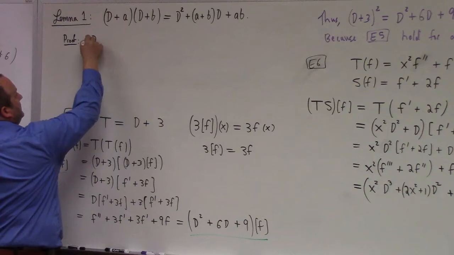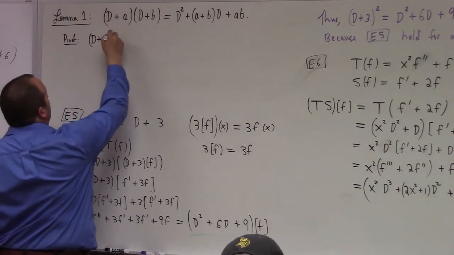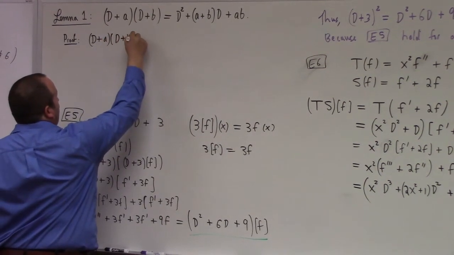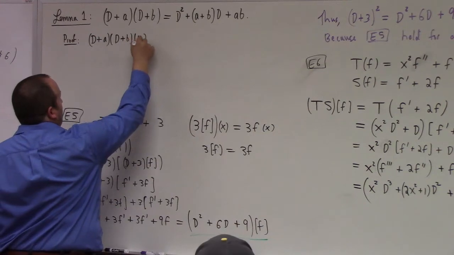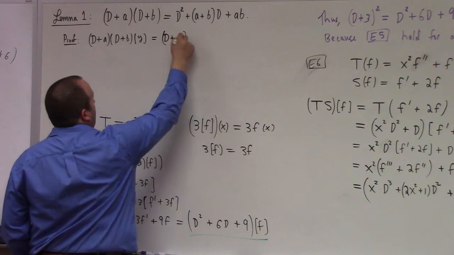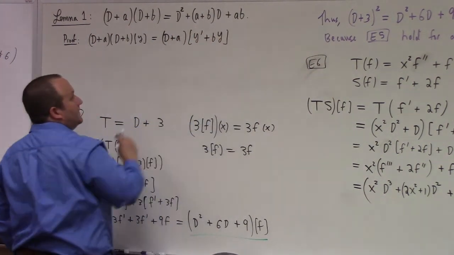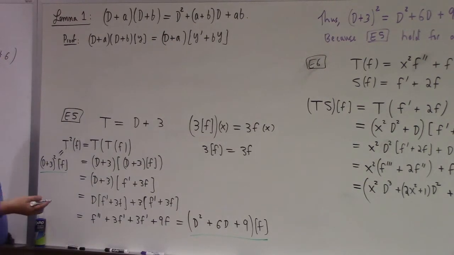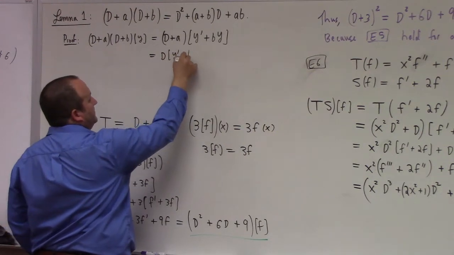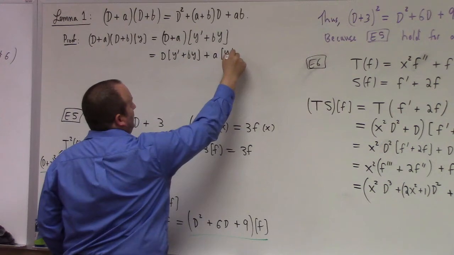If we have D plus a times D plus b, and they act on a function, let's call it y for a change, well, that's D plus a acting on what? On y prime plus by, right? I have to differentiate y prime plus by, and I have to take a and multiply it by y prime plus by.